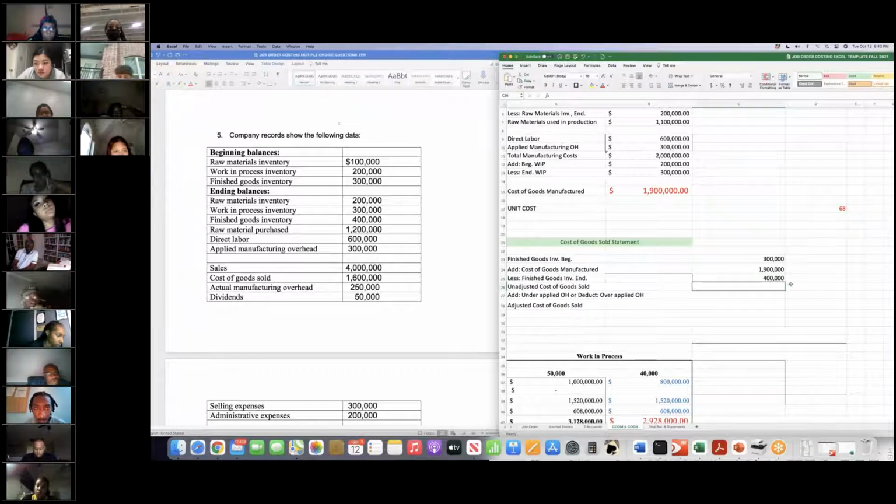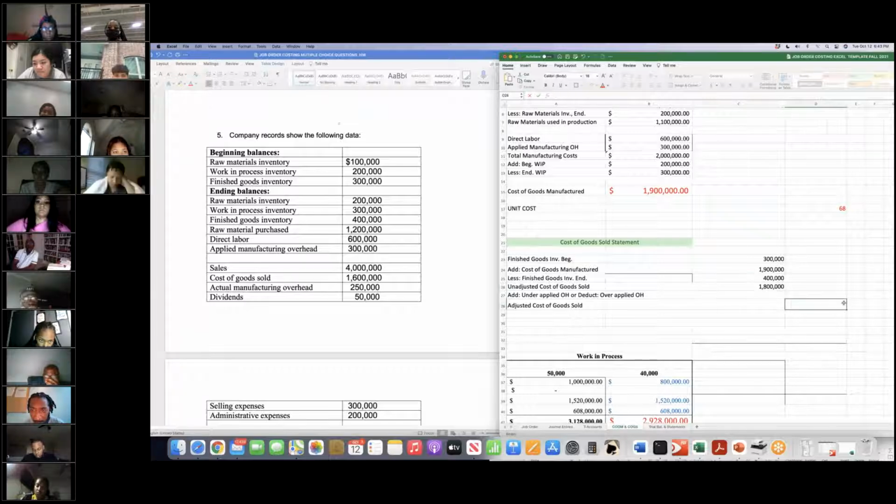The unadjusted cost of goods sold is going to be 1.9 plus 3 minus 4. So it looks like it's going to be 1,800,000 to me, unadjusted. Beginning plus what was manufactured less the ending finished goods gives you 1,800,000.